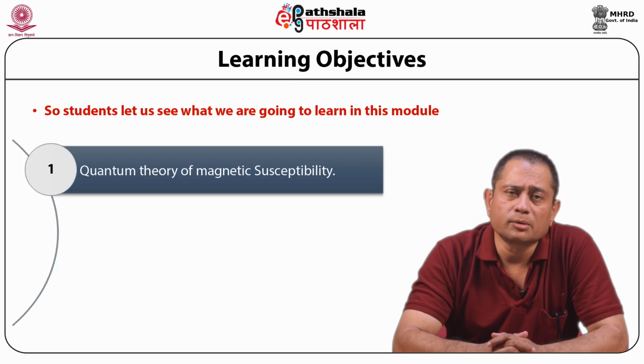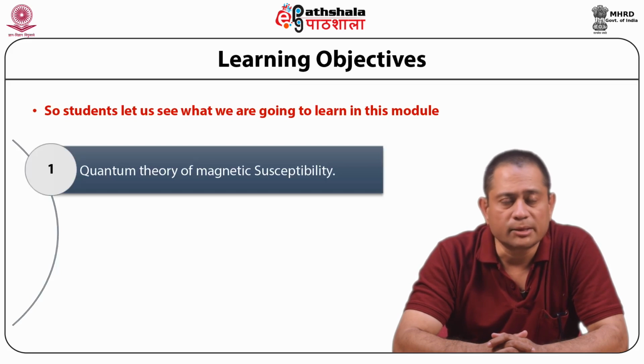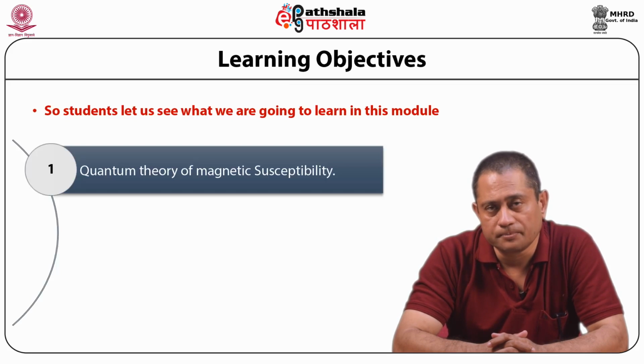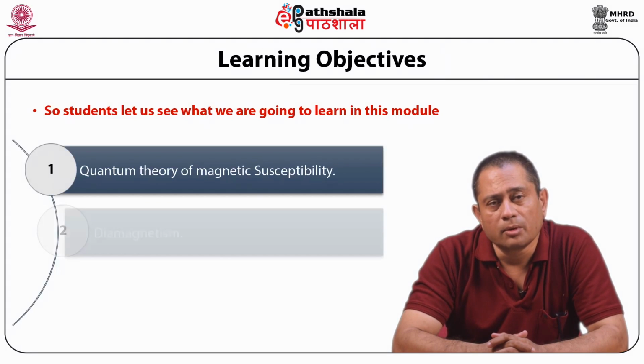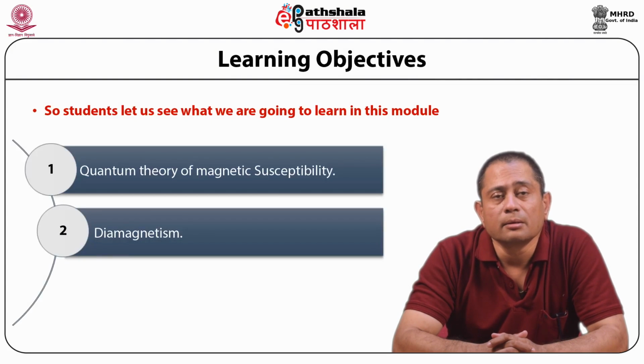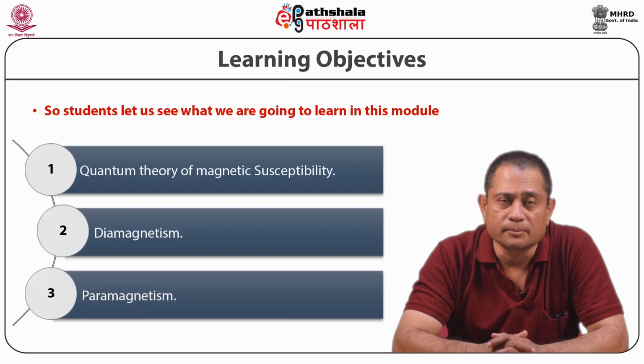So why quantum? Because I have already explained in Part 1 that classical theory is insufficient and unable to explain magnetism. So naturally you have to take the help of quantum theory. Secondly, you are going to learn about diamagnetism, and third, about paramagnetism.